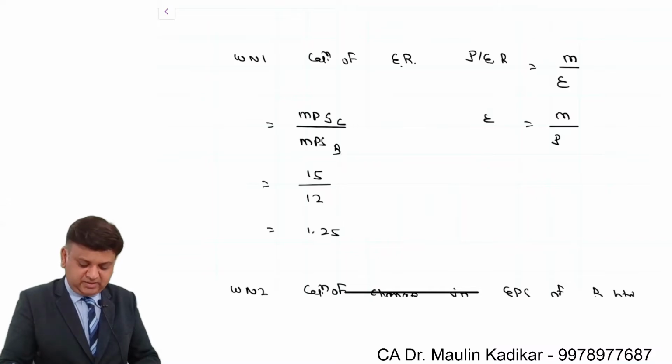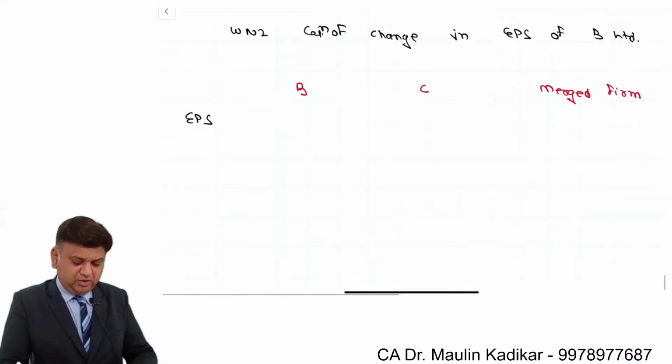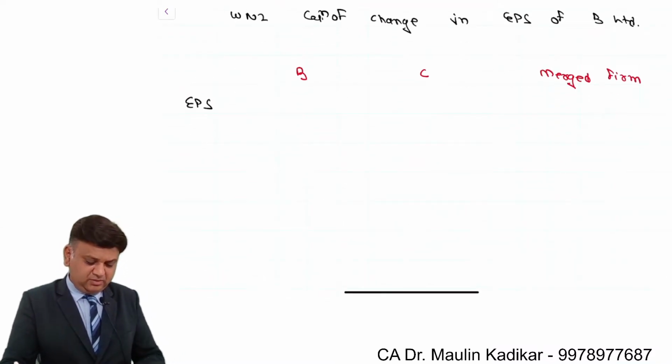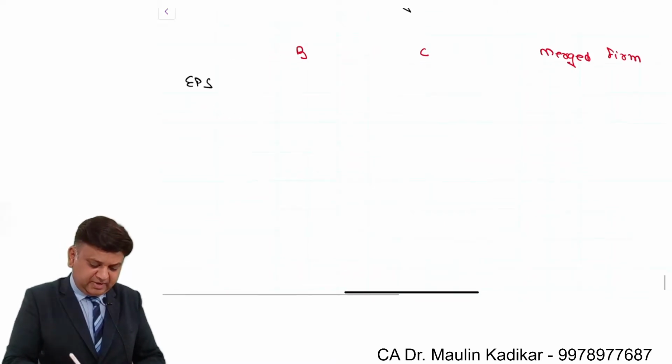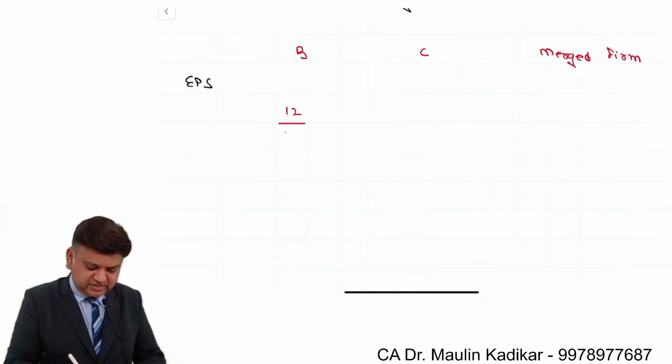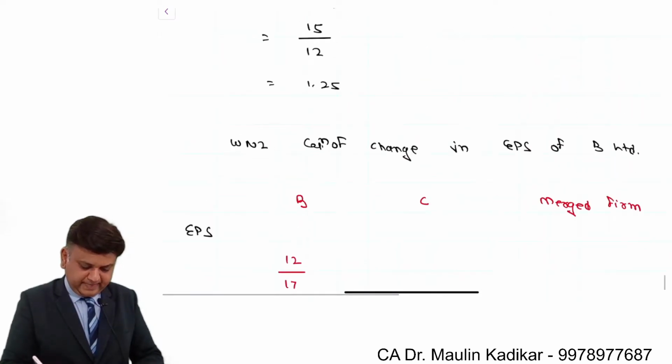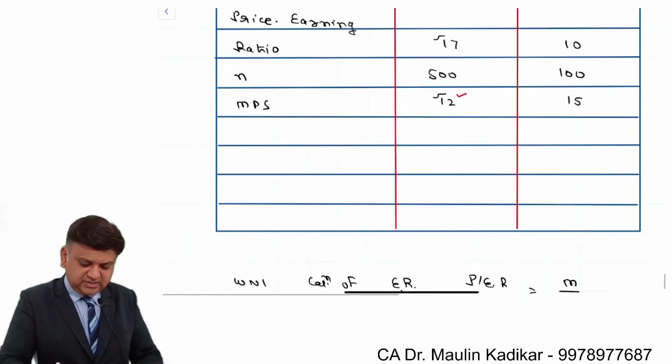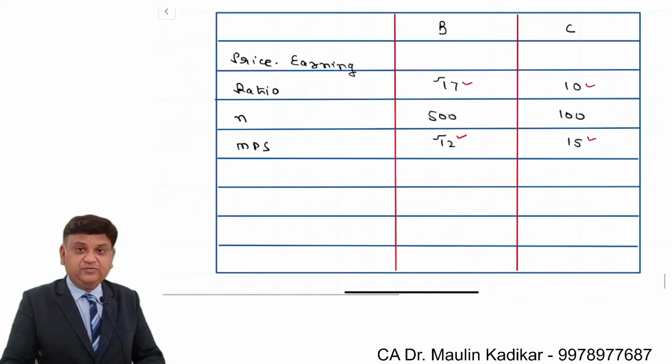That is what we understand. What is the market price per share? As far as B Ltd is concerned, the market price per share is provided as 12 and the price earning ratio is provided to us as 17. Okay, this is 12 and this is 17. Then for the target company it is 15 and 10.